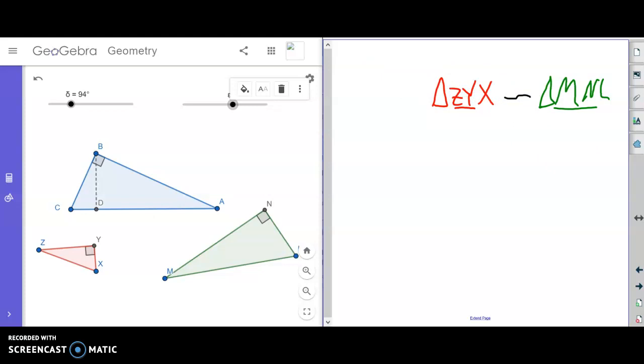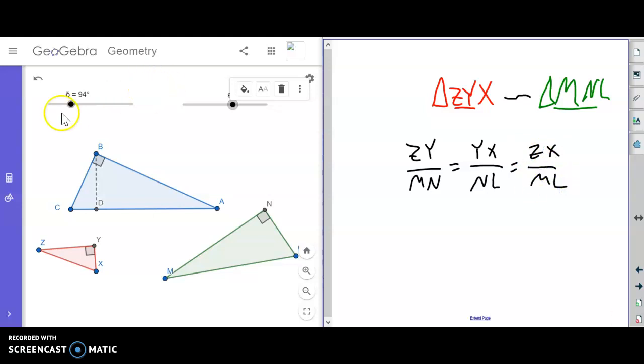So let's set this up, and let's say here that I have ZY over MN, which also means it is going to be equal to YX over NL, which is going to be equal to, what am I looking for? My bookend. So I have ZX over ML.